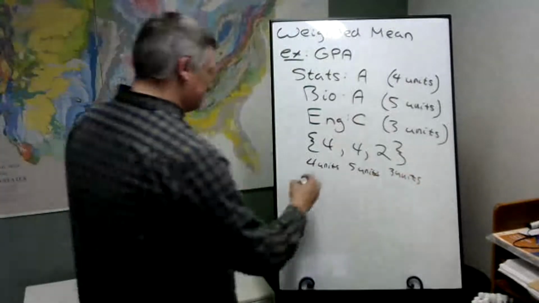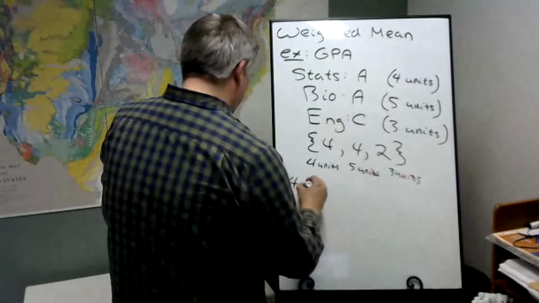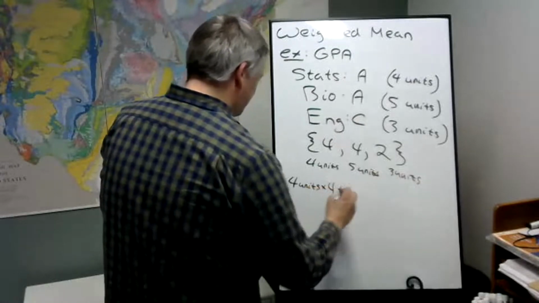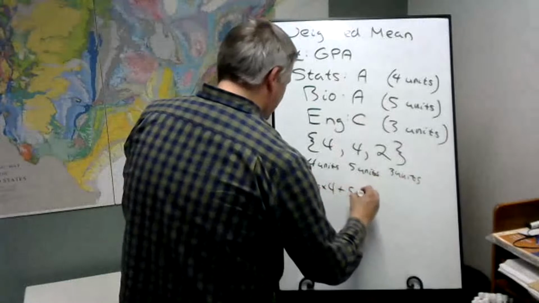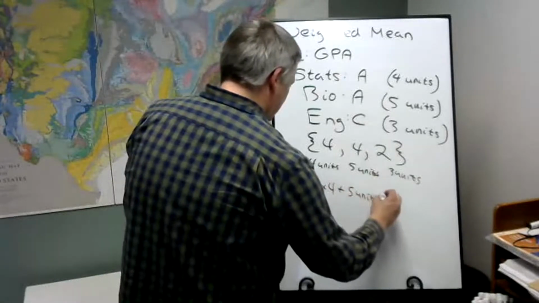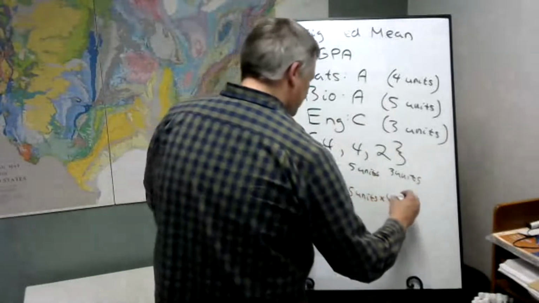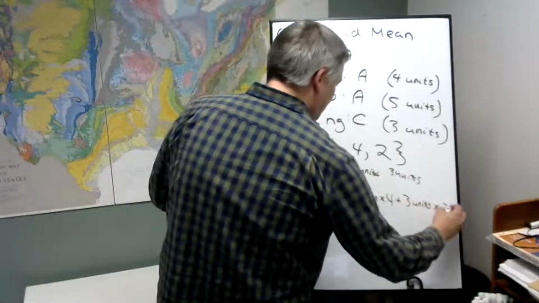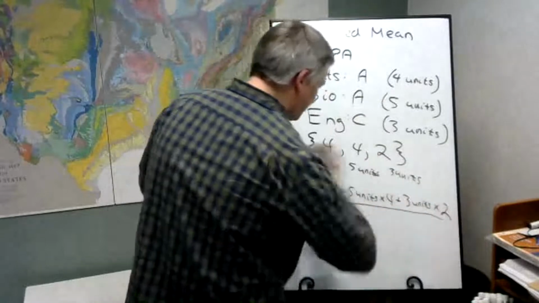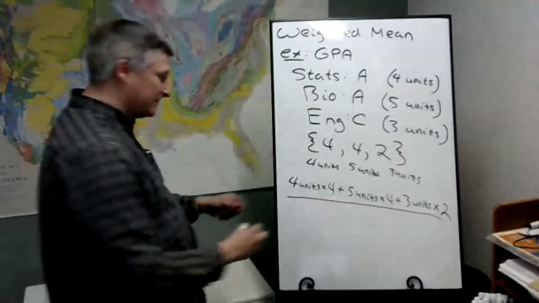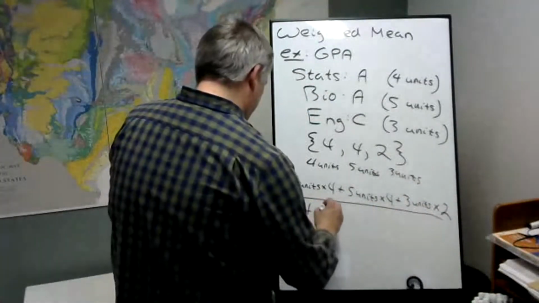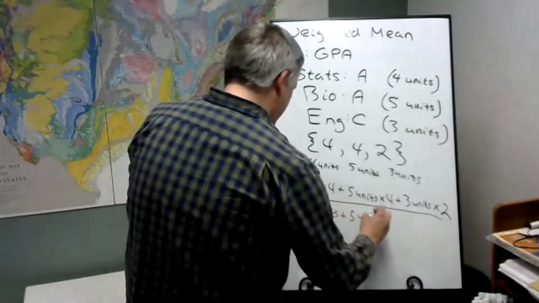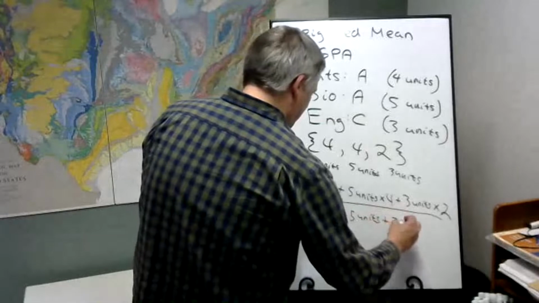So what we'll do is take 4 units, the weight, times 4, plus 5 units times 4, plus 3 units times 2, and we add up the weights: 4 units, 5 units, plus 3 units.